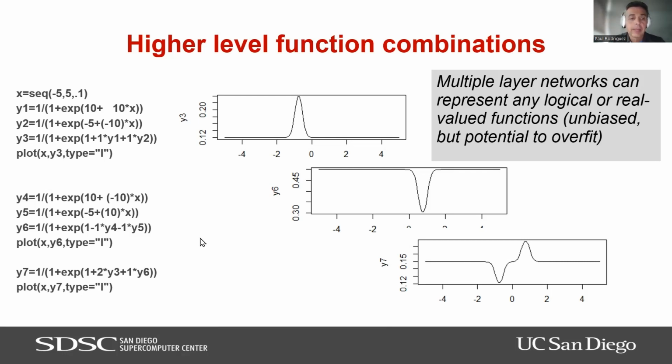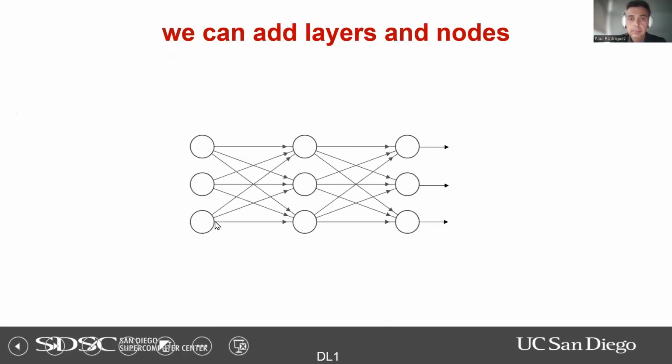And you're trying to create connections and layers that can represent the kind of problem you're trying to solve. Okay. So we can add layers and nodes to our individual graph. We're not drawing one unit anymore. Now we're drawing a bunch of units. And every unit, of course, has weights and bias terms.